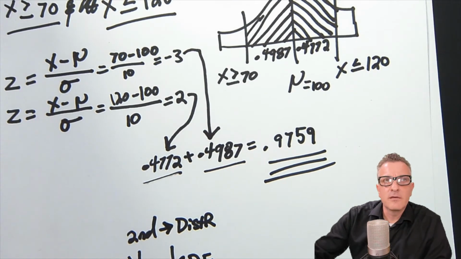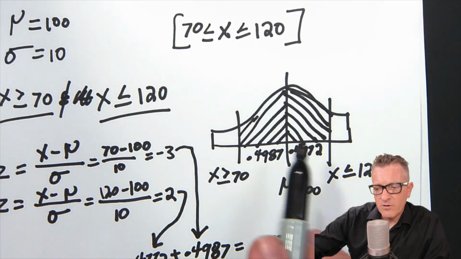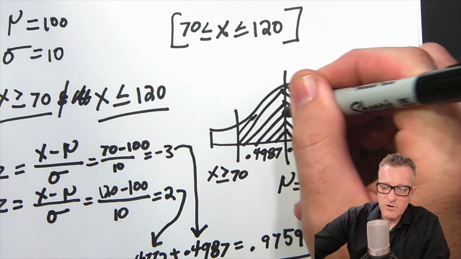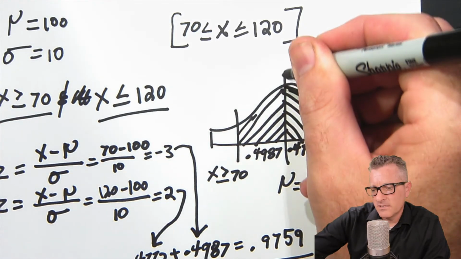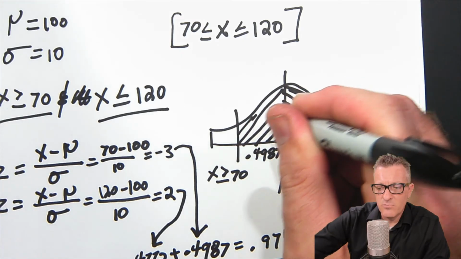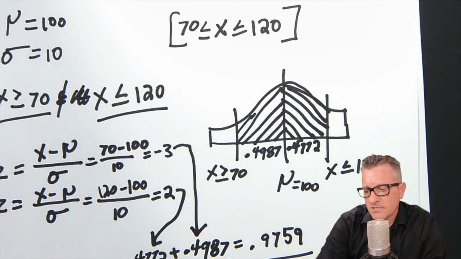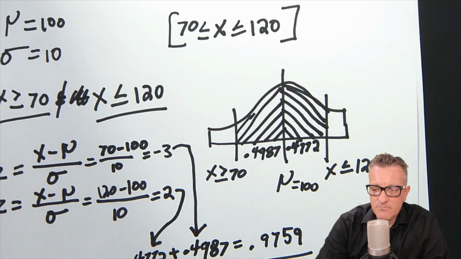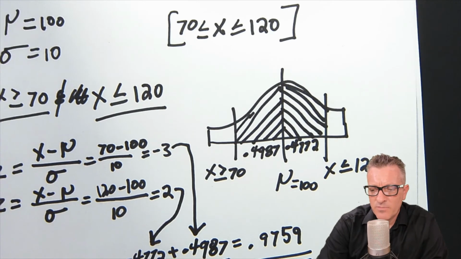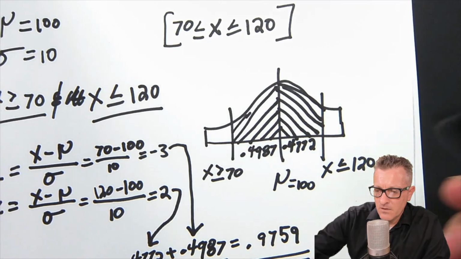One thing that I've dealt with before is, when we talk about between questions, they're always going to be on the middle part of the distribution. What I mean is the values that we calculate are going to be butting up to the middle part of the distribution, not the tails. It would be very odd to have a question asking what is the probability that something will be lower than 70 and higher than 120?